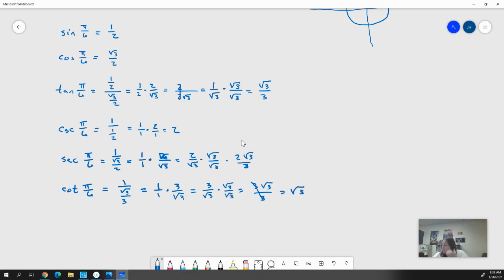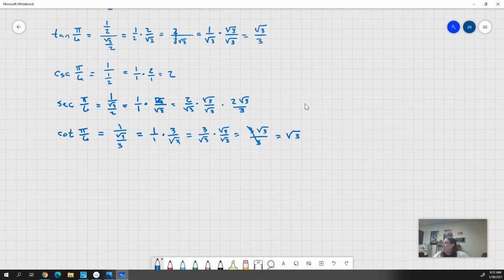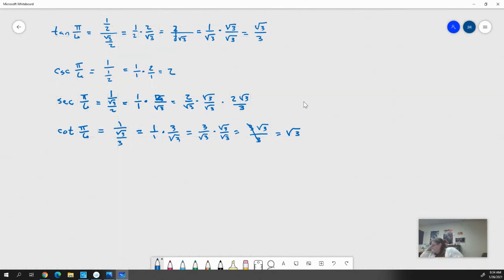Sometimes you will have a negative, and I made sure that you absolutely do have a negative at some point. Let's look at these in terms of negative pi over 3.